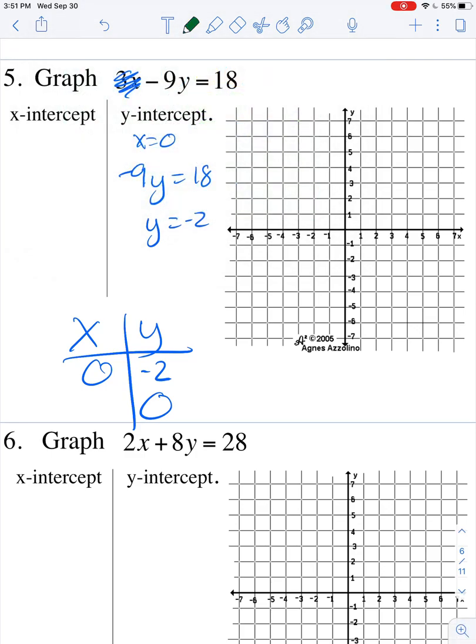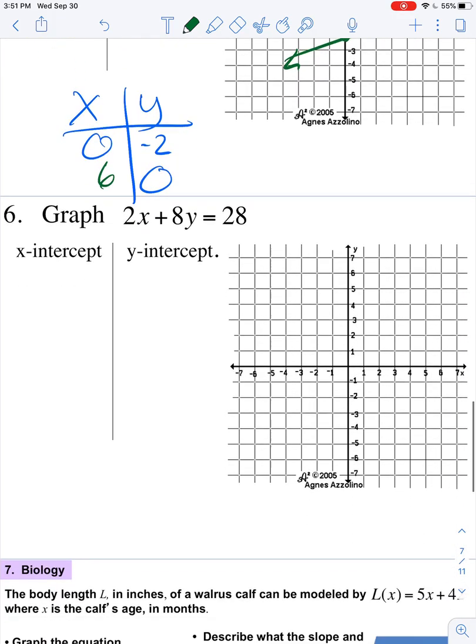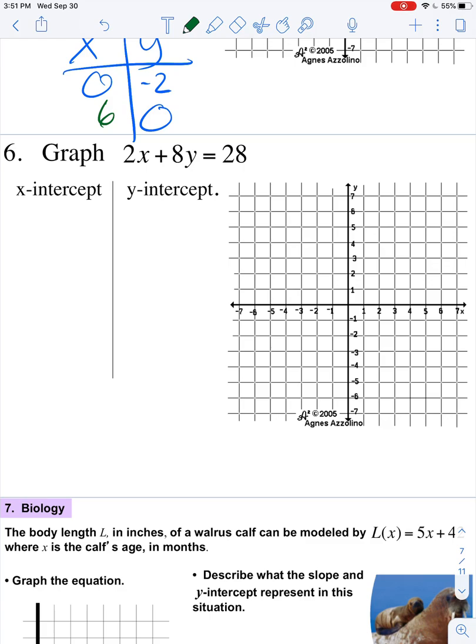Over here, if I do the same thing for my x-intercept, then I'm going to cross off the y part, because if y is 0, negative 9 times 0 disappears, and I'll just have this left to solve. So my x value would have to be 6. So if I connect 0, negative 2 to positive 6, 0, I can connect those points and have my line.